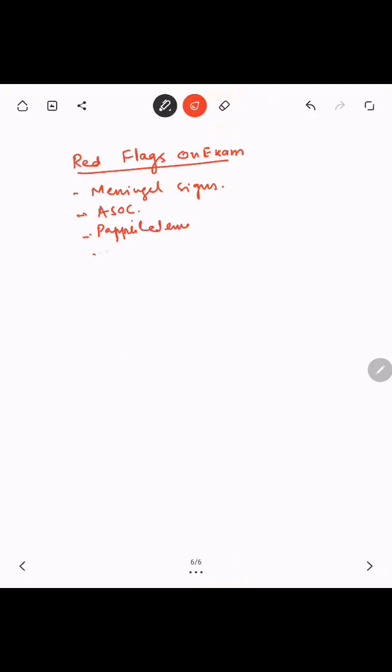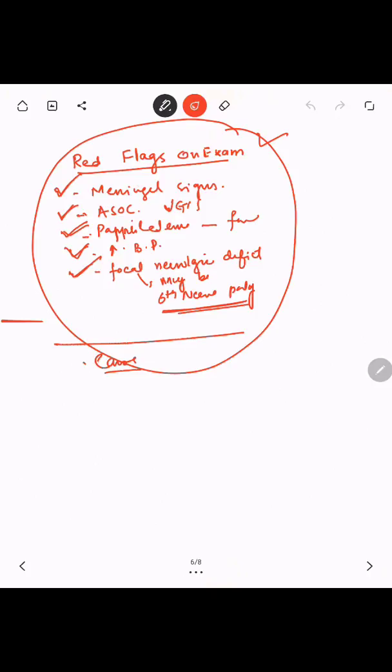Check meningeal signs, the altered state of consciousness, papilledema, high blood pressure, and focal neurological deficit. So, to sum up, these are the red flags on examination: signs of meningeal irritation, altered state, papilledema, high blood pressure, and focal neurological deficit.